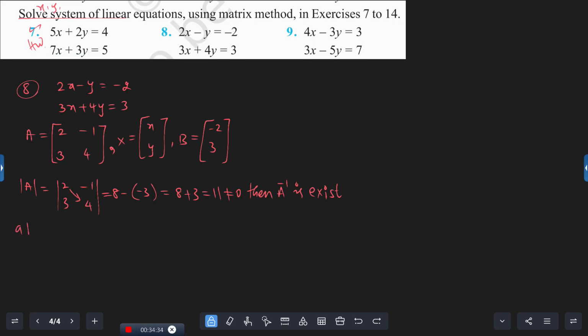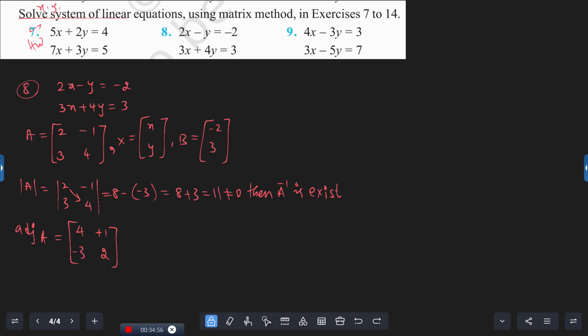So if you want to find A inverse, we need the adjoint of A. Do you remember the shortcut idea I gave for finding the adjoint of A? The diagonal elements, what do we have to do? Interchange. So 4 you will be sending here, 2 will be here, and opposite sign for the non-diagonal elements. So plus 1, minus 3 you will be getting.